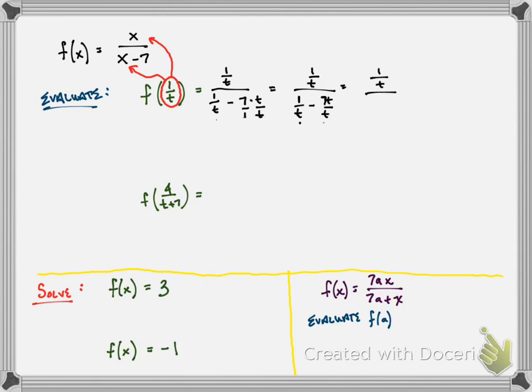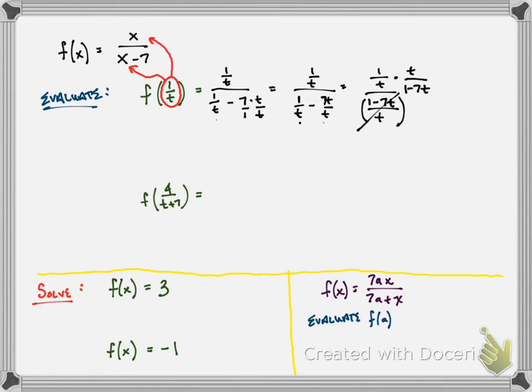Simplifying, we have 1 over t over 1 minus 7t over t. Recall that if I divide by a fraction, that is the same as multiplying by its reciprocal. So dividing by the fraction 1 minus 7t divided by t is the same as multiplying by t over 1 minus 7t.